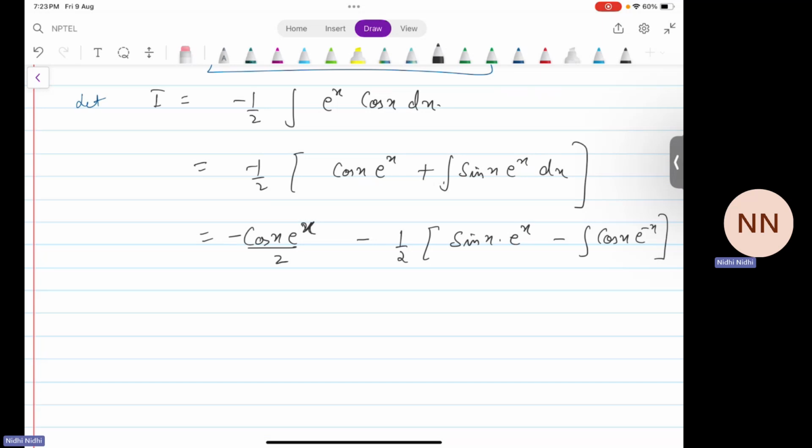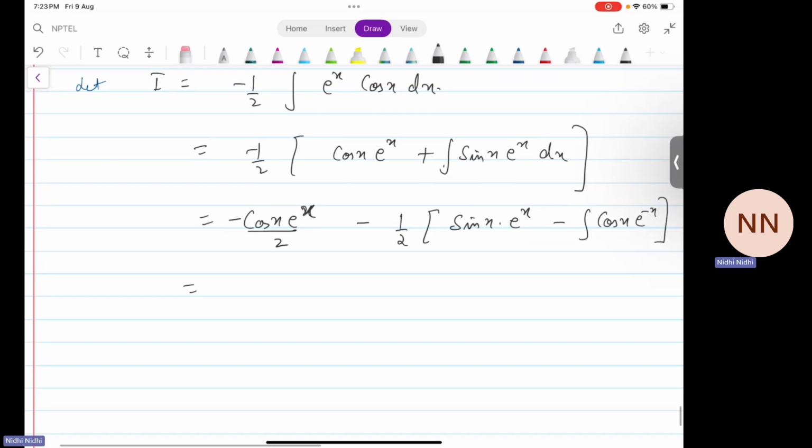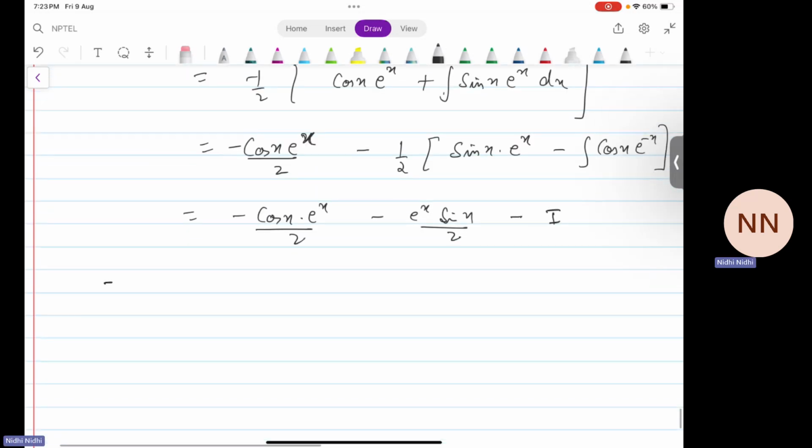This is minus cos x e to the power x by 2 minus e to the power x sin x by 2 minus I. So this gives us 2I is equal to minus e to the power x cos x plus sin x by 2.